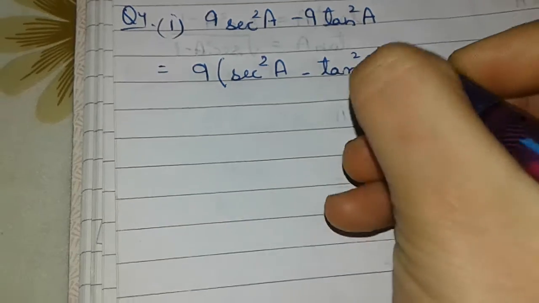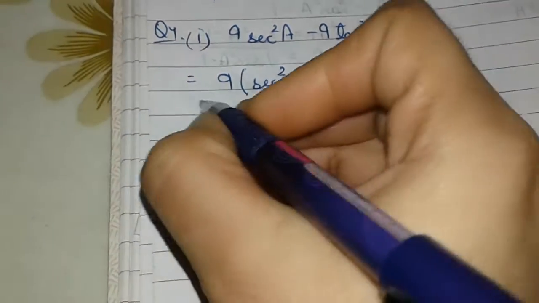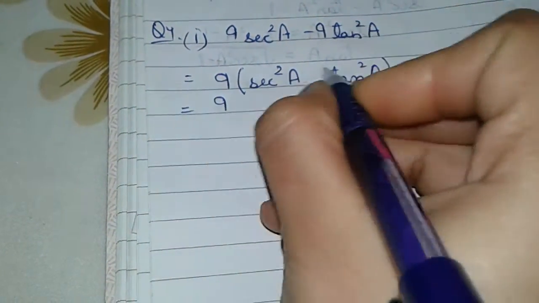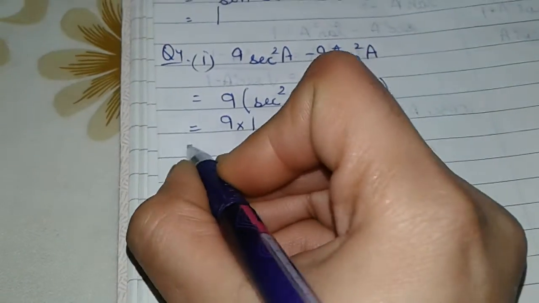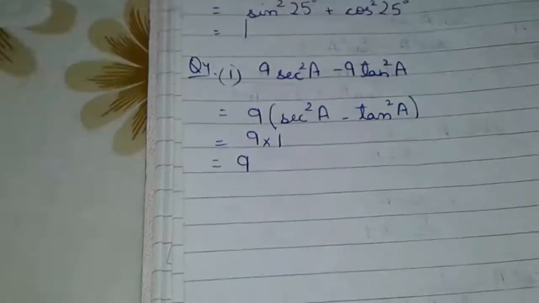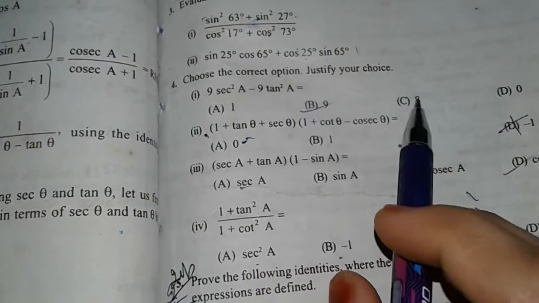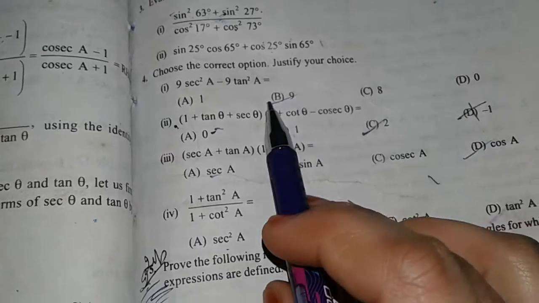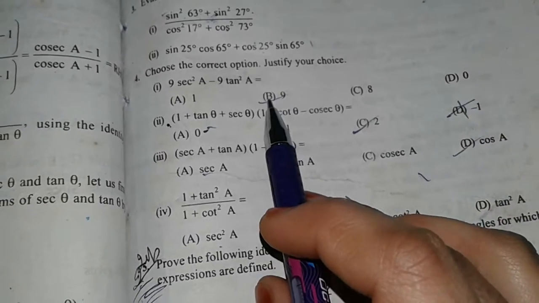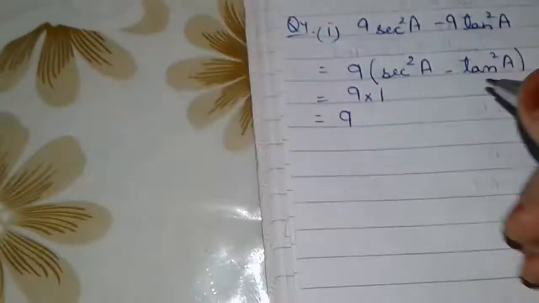And we know the identity that sec square A minus tan square A is equal to 1. So this will become 1, and 9 multiplied by 1 is equal to 9. Now see the options. Here A is 1, B is 9, C is 8 and D is 0. So here the option is B. B is the correct one.